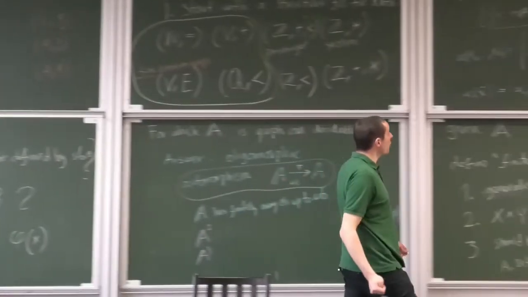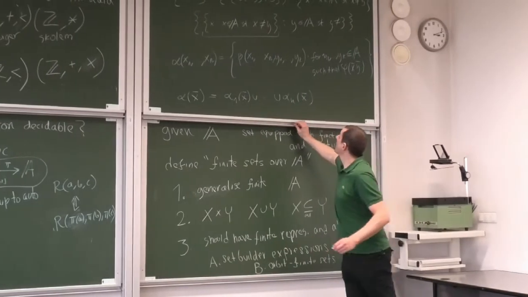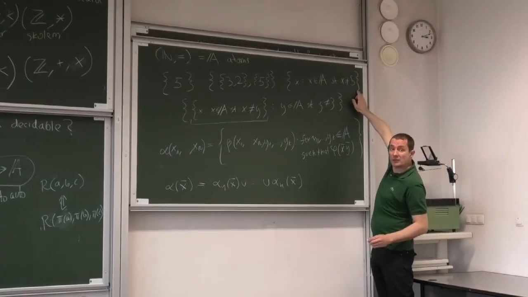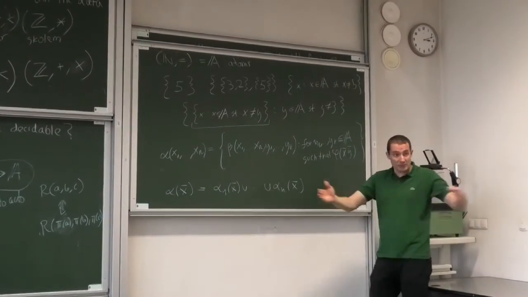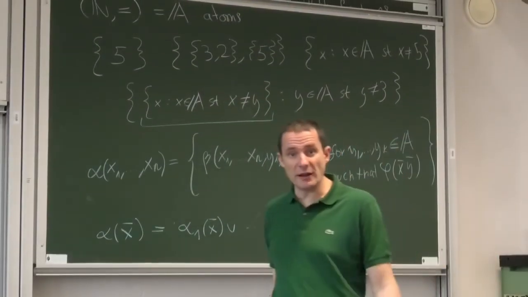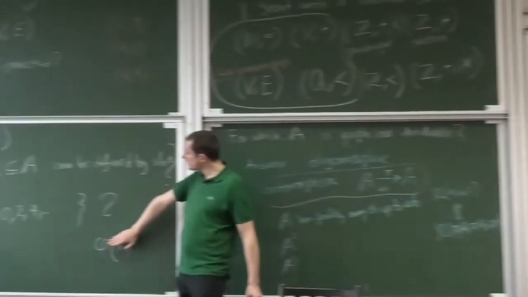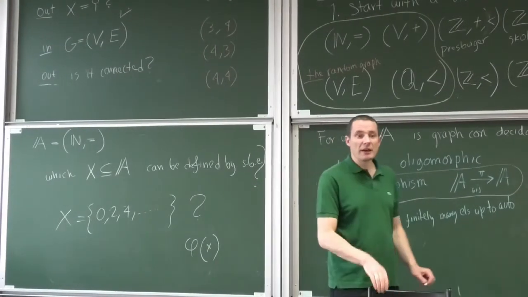Well, it's allowed to use constants. Remember here, for example, you're allowed to use any specific value. Every expression is finite, so you can only use finitely many values, but you're allowed to use them. So what subsets of atoms can you define this way?